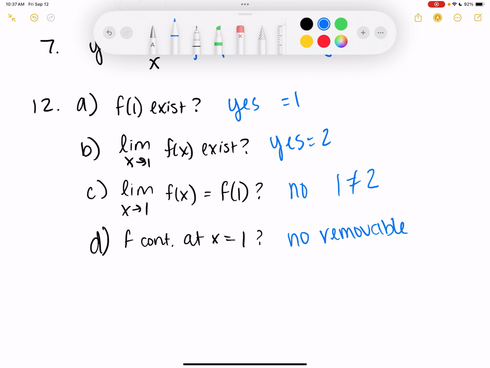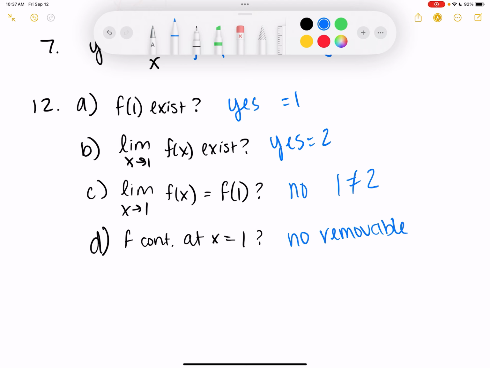So 14 then is, let me take this out and swap this back. At what values of x is f continuous? So we're looking at the graph and we're looking for where there is continuity or filled holes. So basically, it's continuous everywhere except for where the holes are.